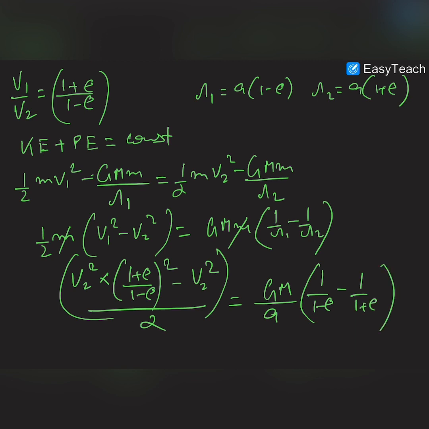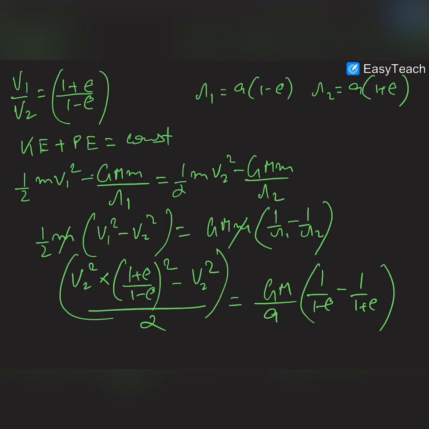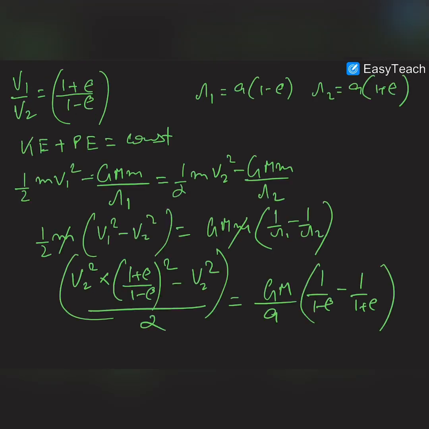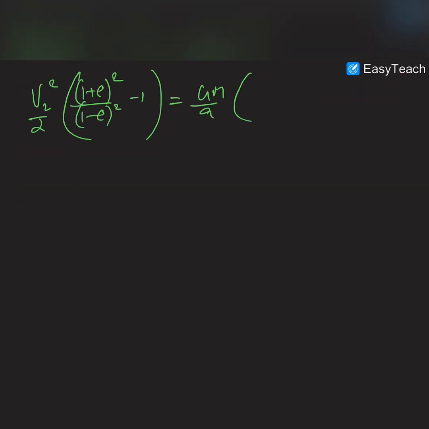Now I am taking v2 square by 2 common. It would be 1 plus e whole square upon 1 minus e whole square minus 1, and this is equal to GM by a, and here it would be 1 plus e minus of 1 minus e divided by 1 plus e into 1 minus e.